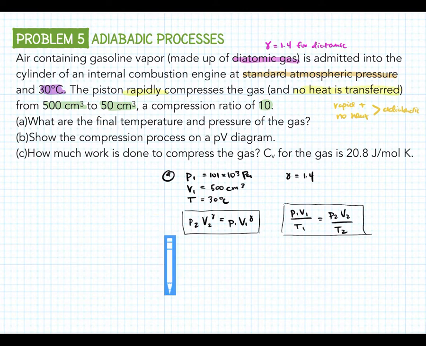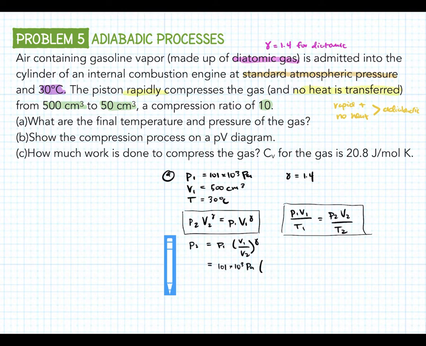So we can rewrite this one to solve for P2, and that's going to be P1 times V1 over V2 to the gamma. Okay, so we can plug in our numbers. That gives us 101 times 10 to the third pascals.